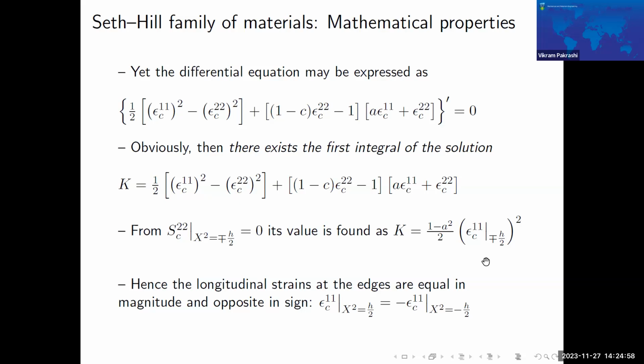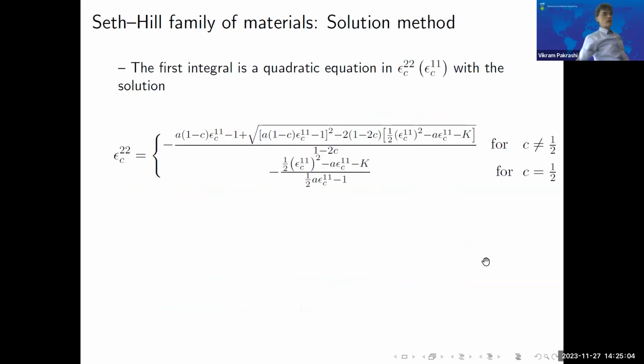So we can solve this quadratic equation and express one in terms of the other. So this is what I do here. And I express the through-the-thickness strain in terms of the longitudinal strain, again, depending on the C.